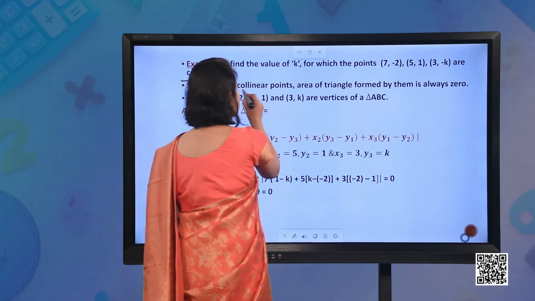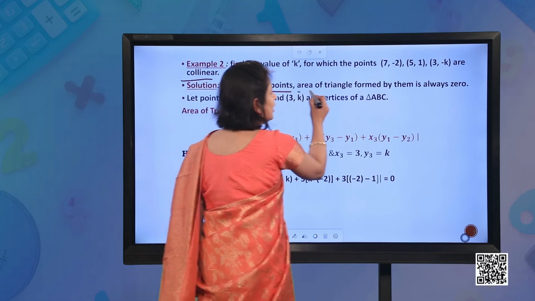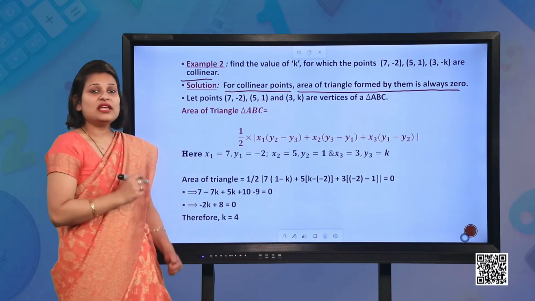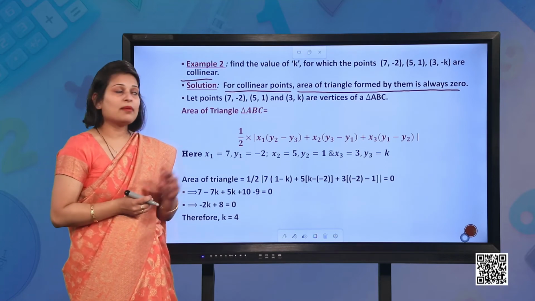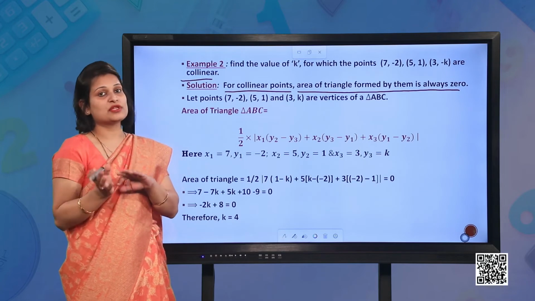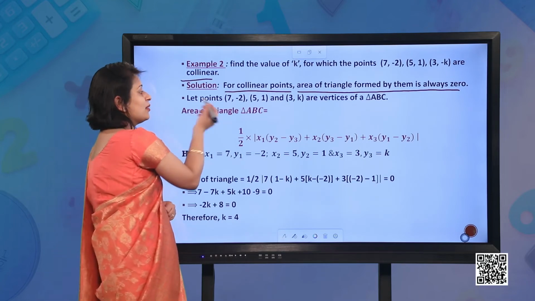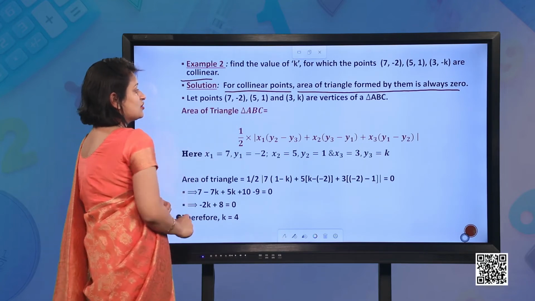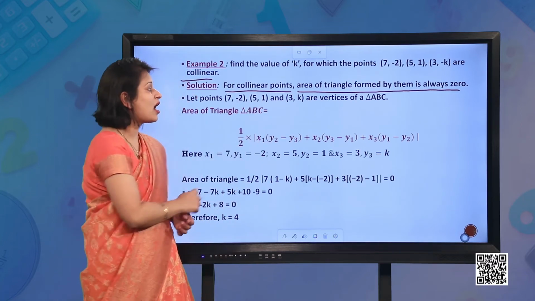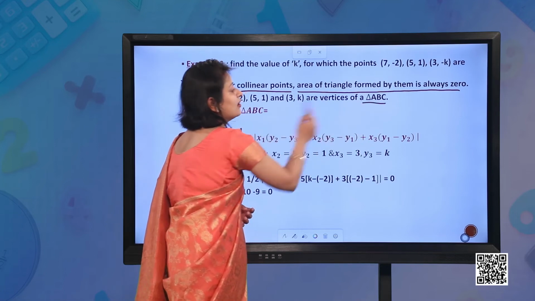Just remember this. Meaning you have to calculate the area using these vertices, but put that area equal to 0. So, let the points (7, minus 2), (5, 1) and (3, K) be the vertices of triangle ABC.